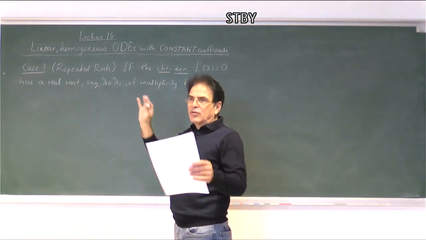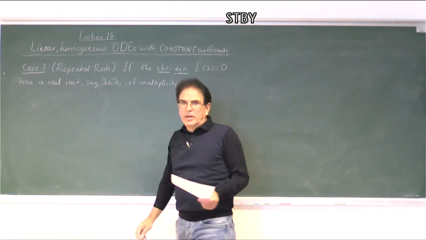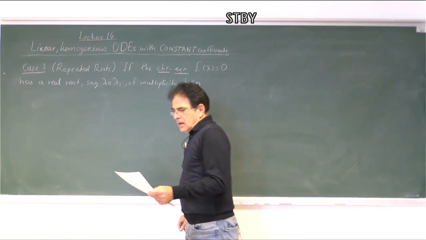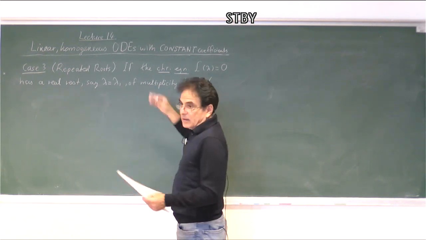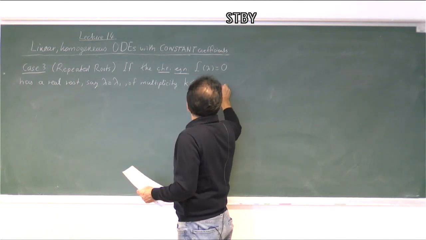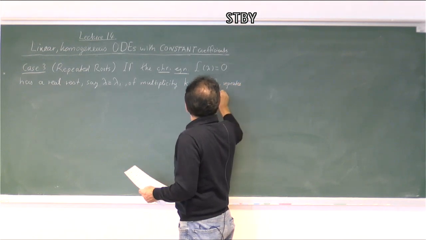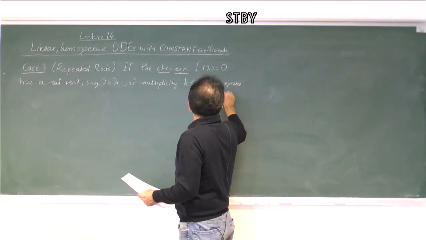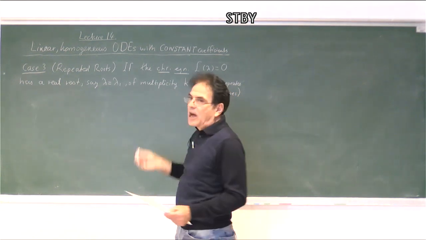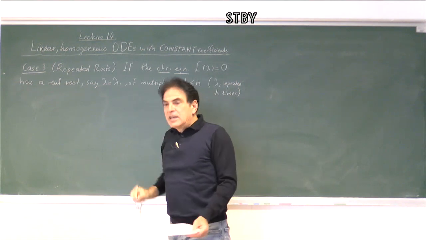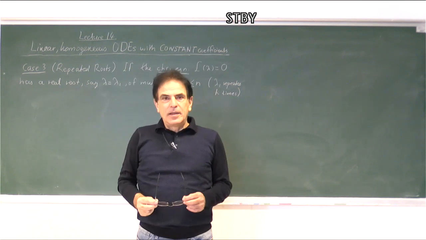Because we have totally n roots, and the multiplicity of a repeated root will be at most n, which means that the root lambda 1, whatever it is, repeats k times. In other words, this is a repeated root. It represents k roots of the characteristic equation.